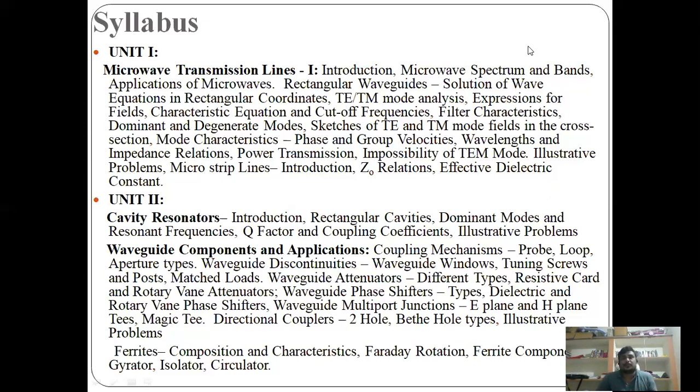This is very important because TE, TM and TEM modes exist in normal RF transmission lines, but in microwave waveguides, TEM mode is not possible. We will derive the expressions, the concept, and why it is not possible. Similarly, we'll do some problems.